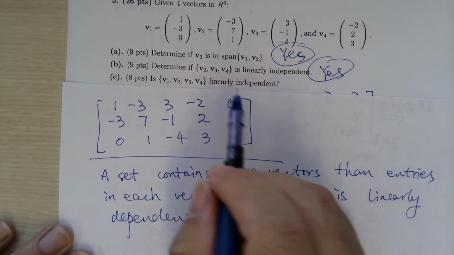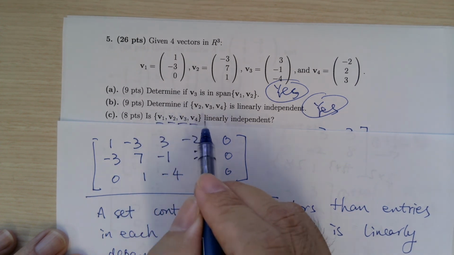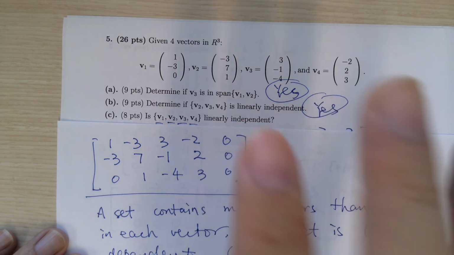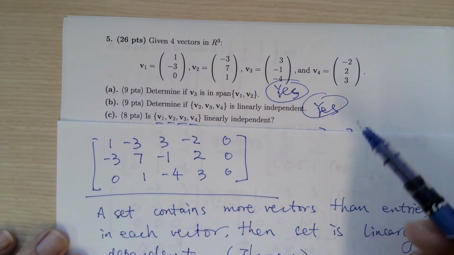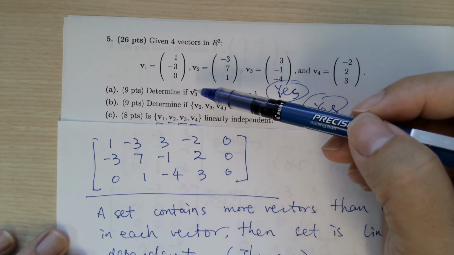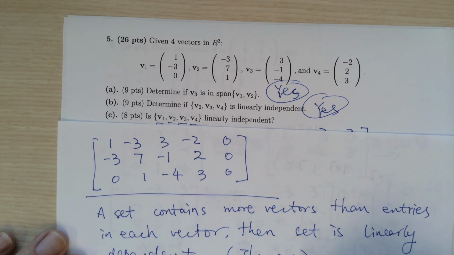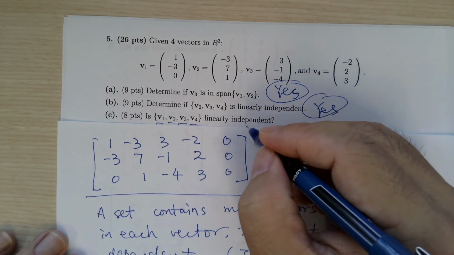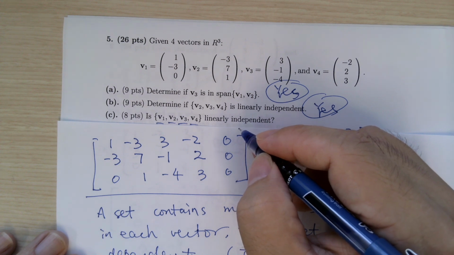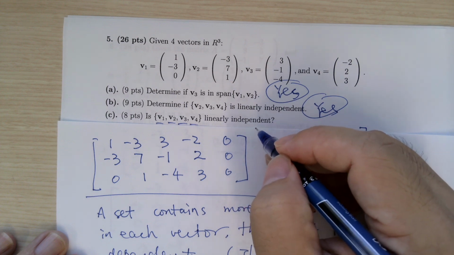So if we look at it here, this set V1, V2, V3, V4, we have 4 of them, right? But the number of entries in each vector is 1, 2, 3, so it's 3. So 4 is greater than 3. Hence, based on this theorem, we can immediately get that this set in R3 is linearly dependent.